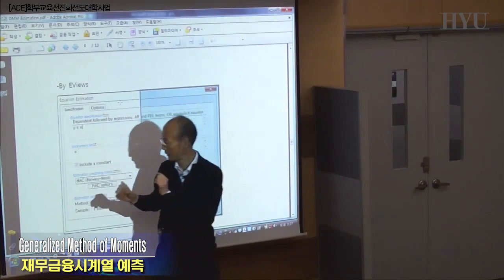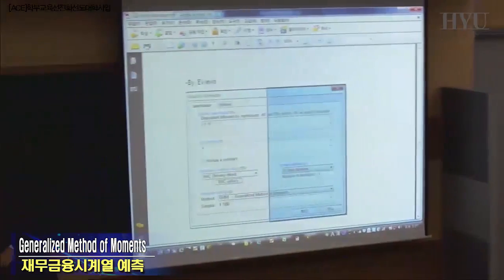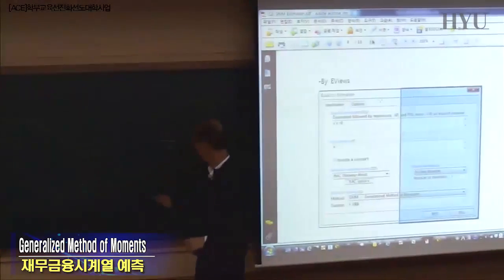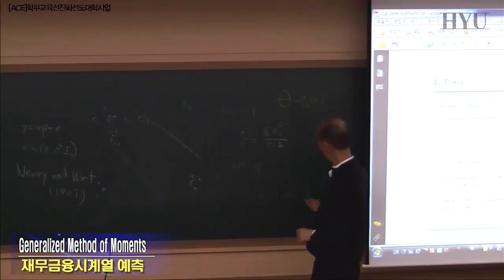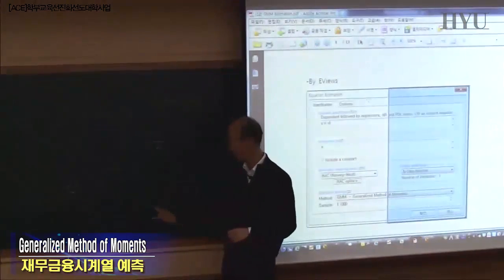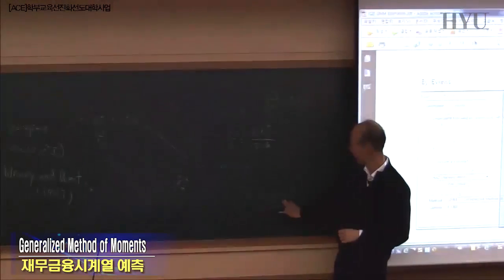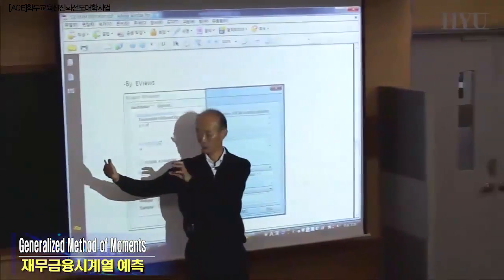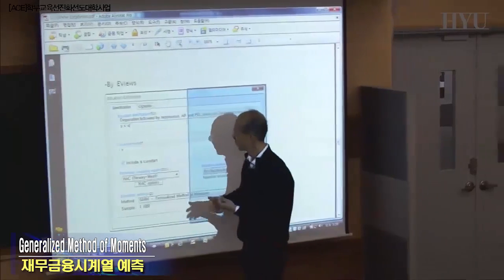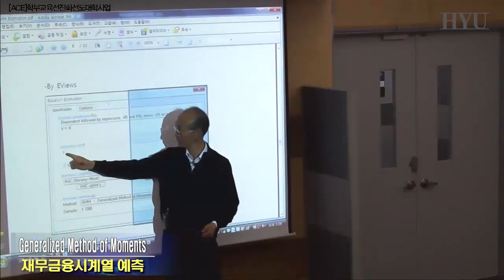This is 1, and this is the regressor, which is assumed to be orthogonal to the error term, so I wrote this as an instrument.